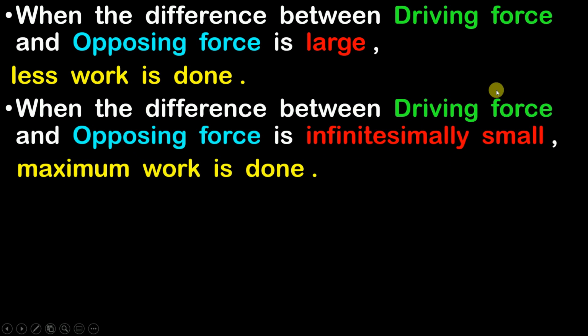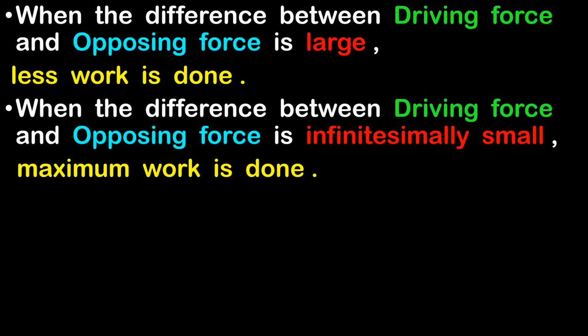Why? Because if the difference between both of them is less, then both of them are competitive to each other, and then the driving force will experience a greater amount of opposing force, it has to apply more effort, and if it has to apply more effort, then more work will be done.